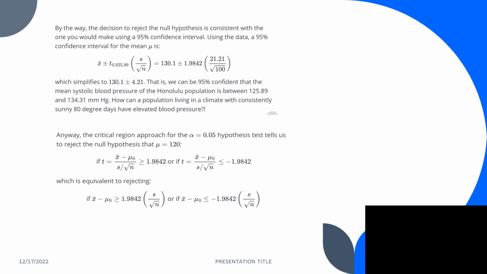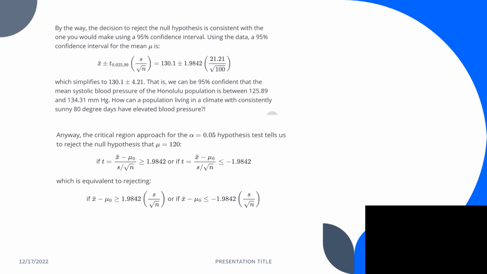A 95% confidence interval for the mean is x bar plus or minus t 0.025, 99 times s over square root of n, which is 130.1 plus or minus 1.9842 times 21.21 over root of 100, which simplifies to 130.1 plus or minus 4.21.